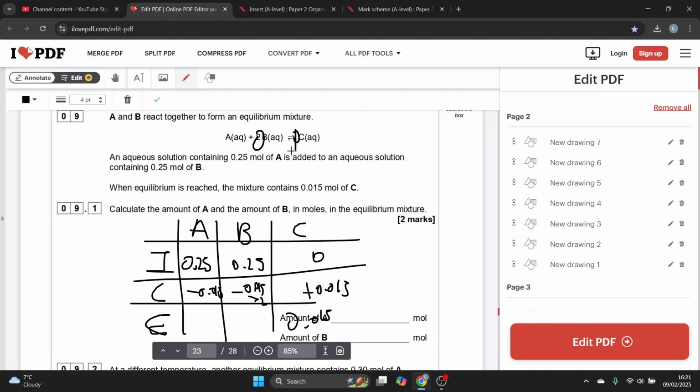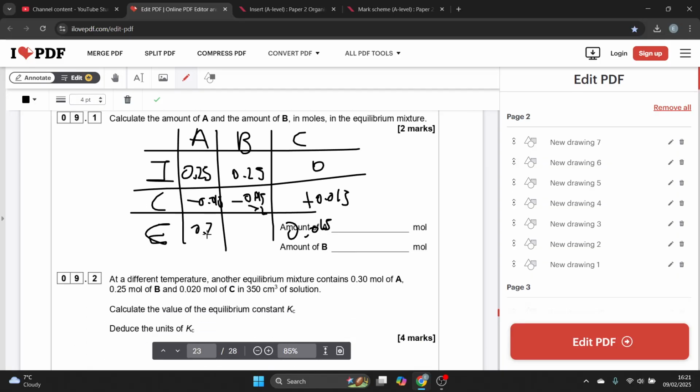So 0.25 minus 0.015 is 0.235 for A, and for B, 0.25 minus 0.015 times by 2, 0.22. So 0.235 and 0.22 moles.